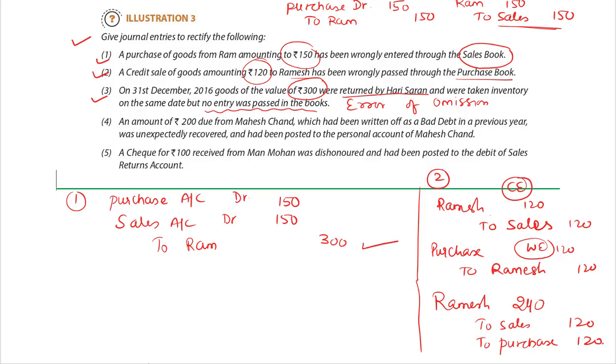Goods of the value 300 were returned by Hari Saran and there is no entry passed. So we will pass the entry now. Goods return, that is sales return account, debited. Who had returned? Hari Saran. So to Hari Saran account, amount would be 300. I think it is clear.